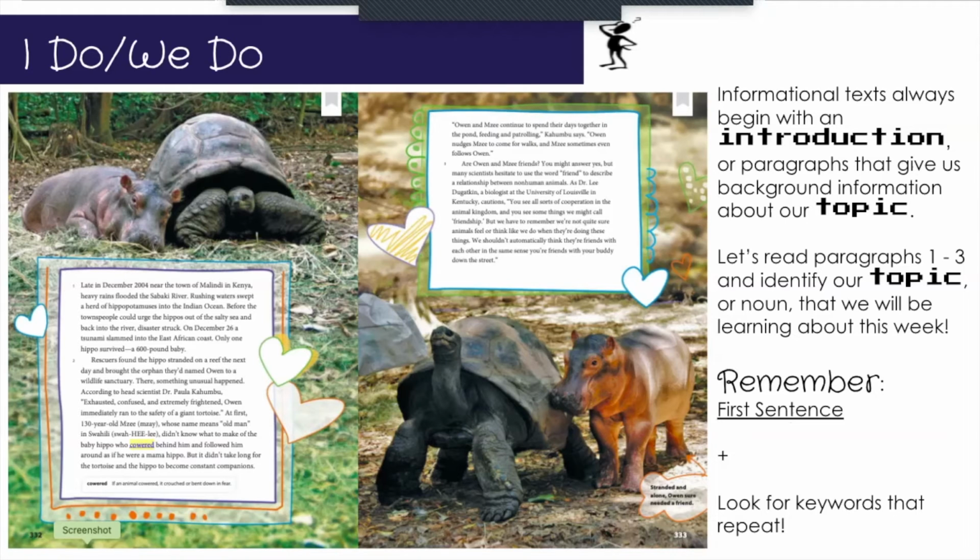Remember, we're going to underline our first sentence and look for keywords that repeat, and we should circle them. Go ahead and pause this video as y'all read the first 3 paragraphs and hit play when you're ready to continue.